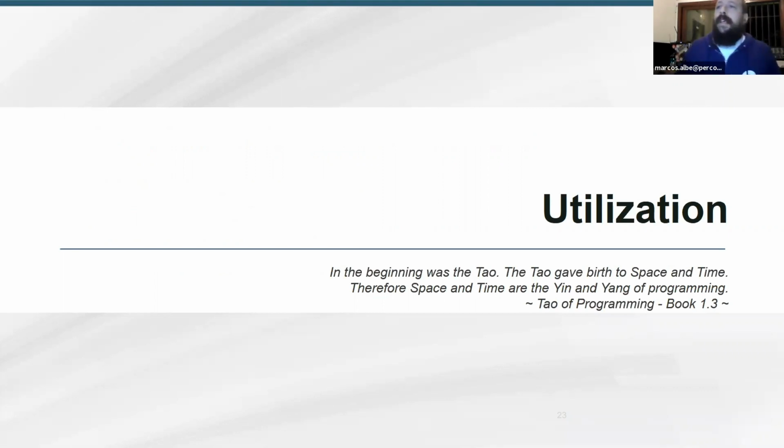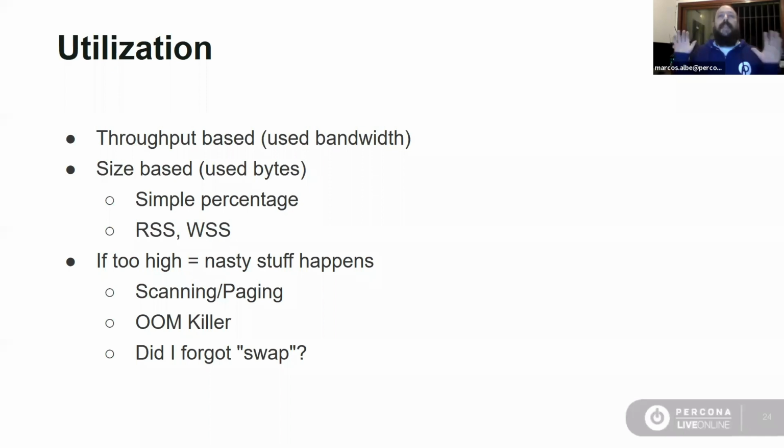So utilization is divided into concepts, basically. Throughput-based, so how much of my bandwidth I have used. Like every system component, such as a disk, can deliver a certain amount of throughput.